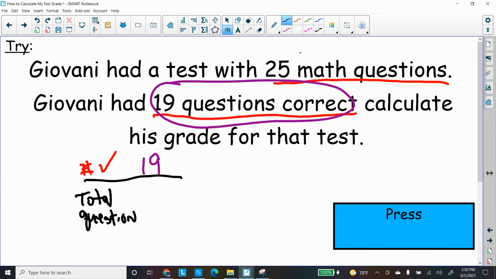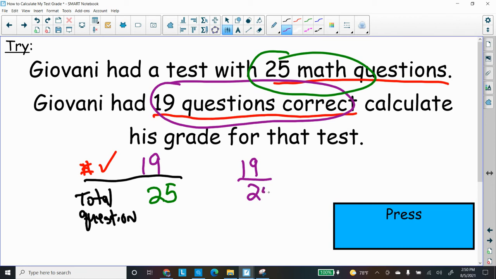The total amount of questions, we see that is the other number up there, is 25. So our fraction's going to be 19 out of 25. Now we got to multiply that by the magic number of 100.